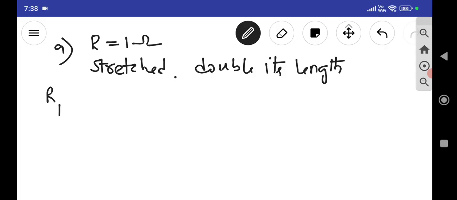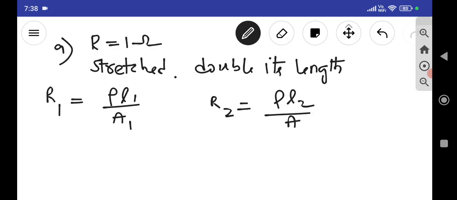Imagine R1 is equal to rho into L1 by A1 and R2 is equal to rho into L2 by A2. So we can take it as this, you cancel.